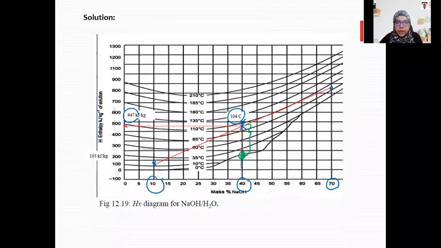First we have 447, and then we go to this line, and you may drag to obtain the value of enthalpy, which gives 163.